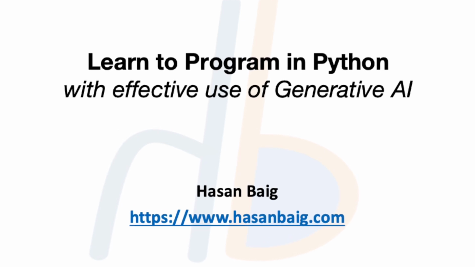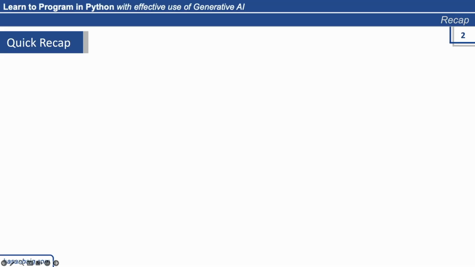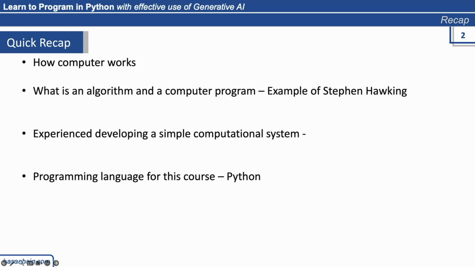Okay, so let's do a quick recap of what we discussed in last class. We first talked about how a computer works, and we discussed what you write at the very high level of abstraction and how it is executed at the semiconductor level. And then we discussed what is an algorithm and computer program using an example of a Stephen Hawking scenario.